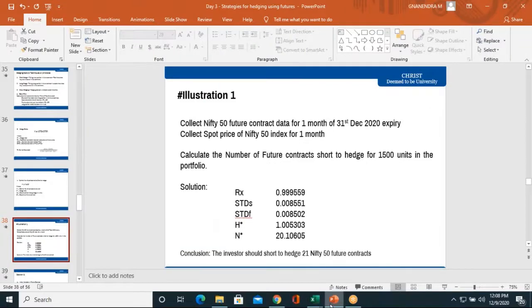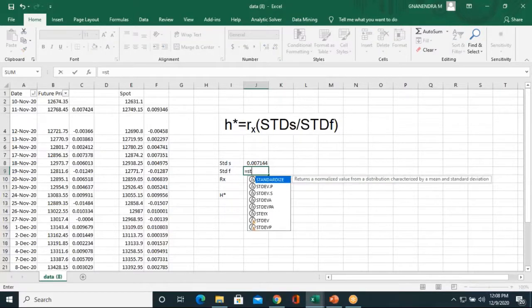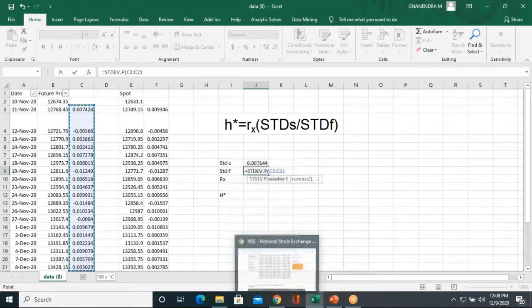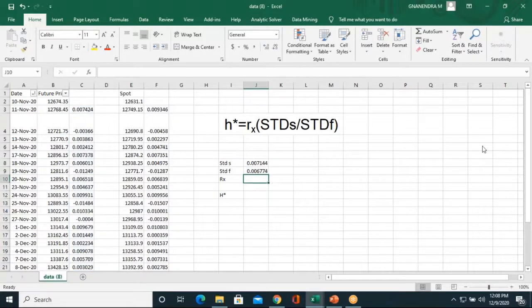Okay, now similarly for future also you can calculate, equal to STDEV.P of the values. You can just click shift and control down arrow, it will select the entire thing. Then you have to close the bracket, just click on OK, then you will get the standard deviation of future price also.